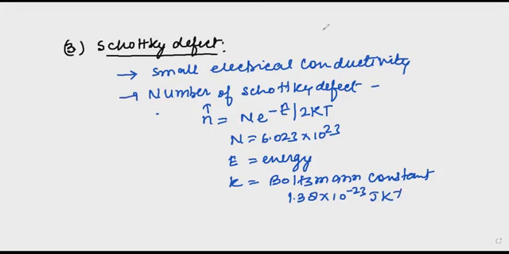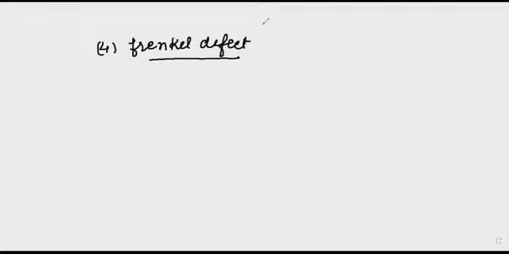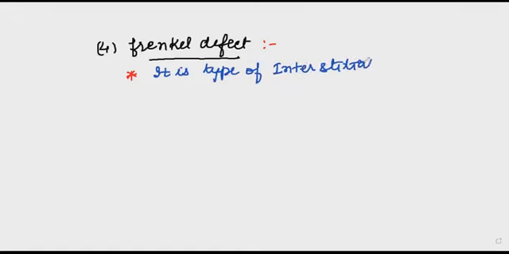This is called Frenkel defect, means the fourth one. You concentrate on its name. Frenkel means free, means no change in density. ठीक? You must remember that it is a type of interstitial defect.